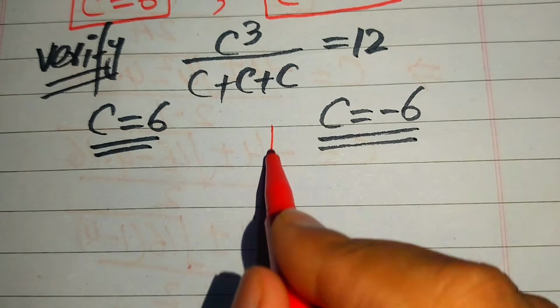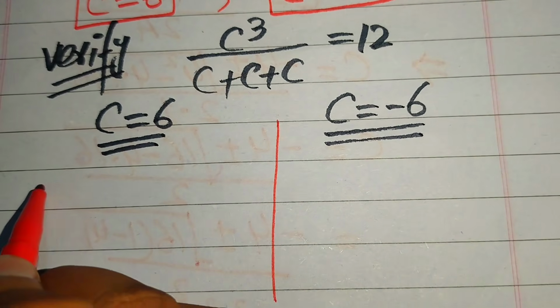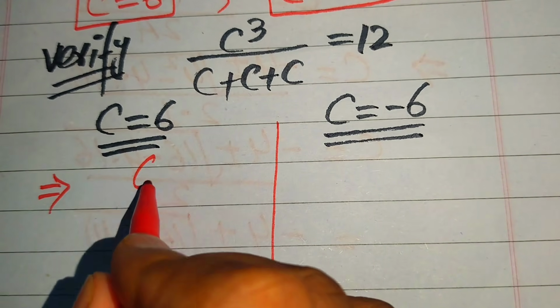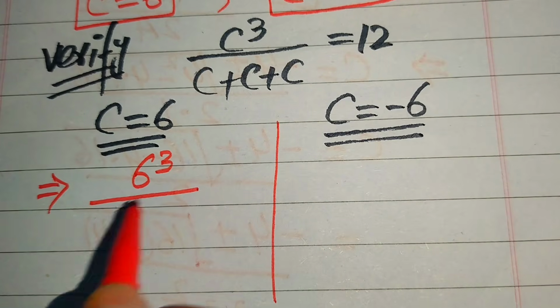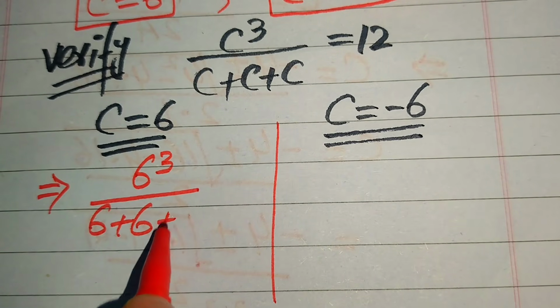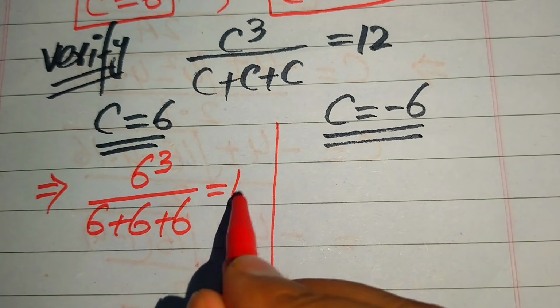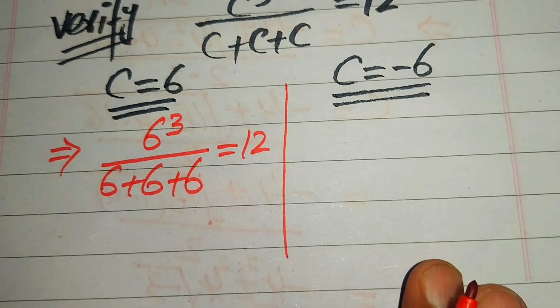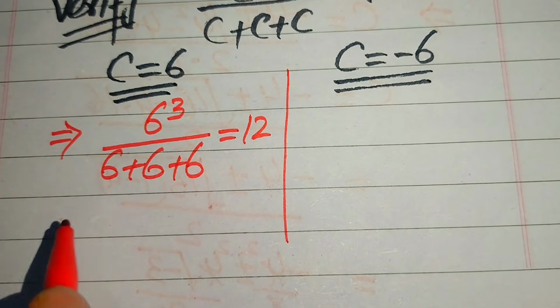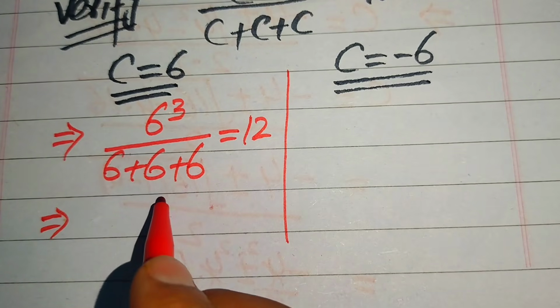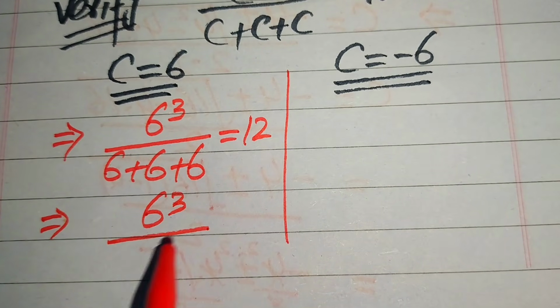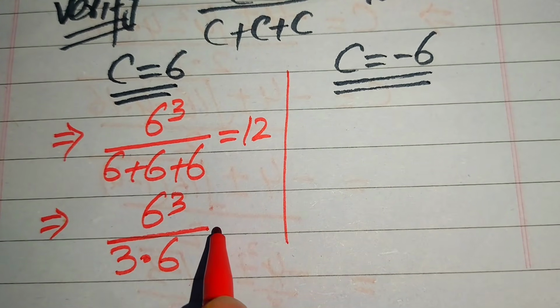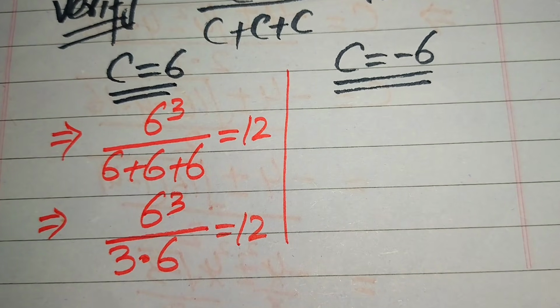And now when we put c is equal to 6 into the left hand side, this becomes 6 cubed divided by 6 plus 6 plus 6 is equal to 12 or not. And now further, you see here this 6 is added 3 times. We write it as 3 times 6, and this is equal to 12.